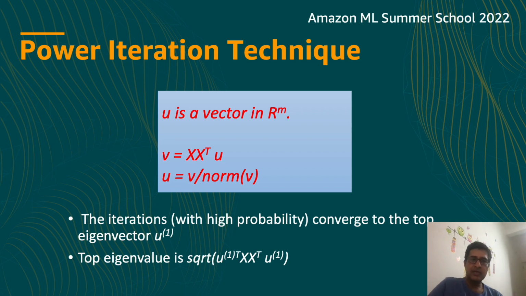In the power iteration technique, u is a vector in R to the power m space, and v is X X transpose times u. Then you try to find the eigenvalue, which turns out to be the square root of u transpose X transpose u.